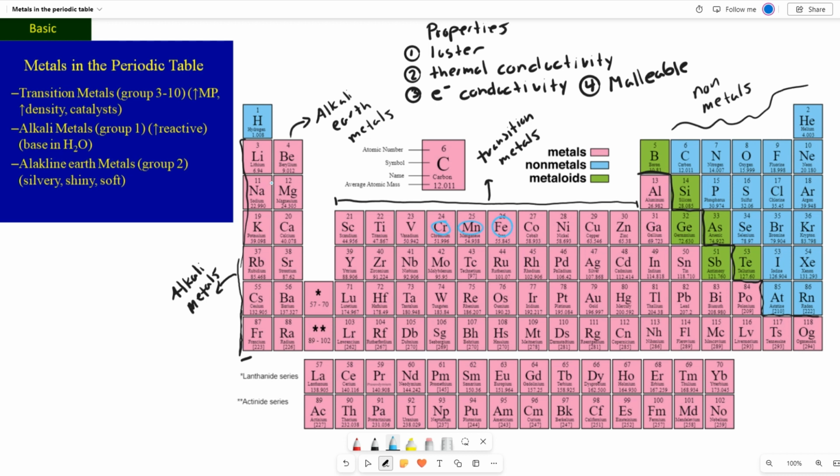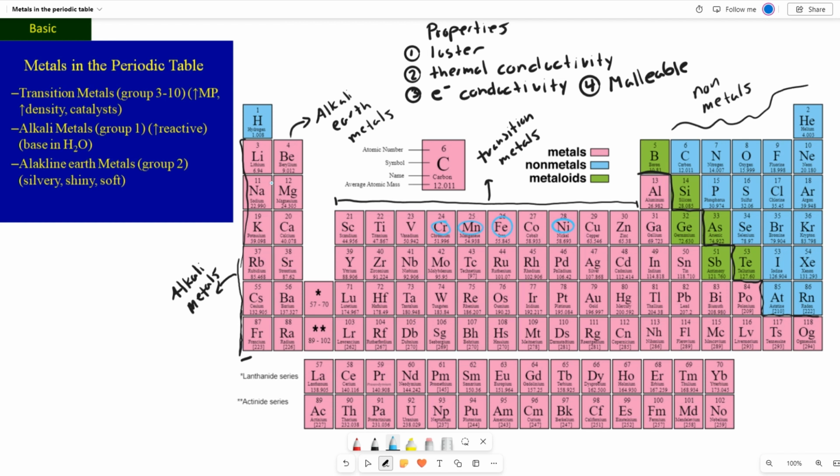And steel is very commonly used as a building agent because it is stronger and more malleable than just iron on its own. Now, if you wanted to make stainless steel, then what they would do is they would also mix a little bit of nickel in with it. So chromium, manganese, and iron mixed together make steel, and then if you mix in some nickel with it as well, that'll make stainless steel.